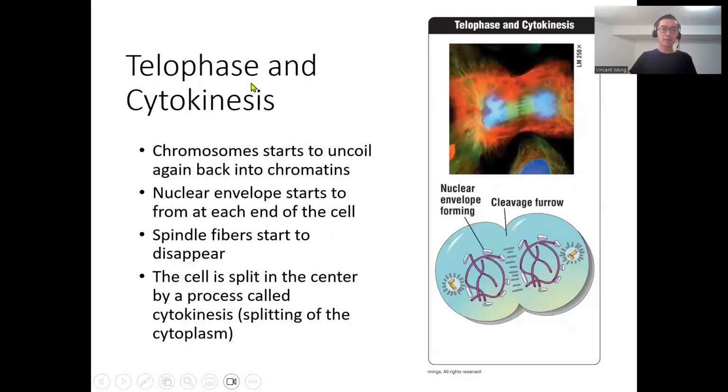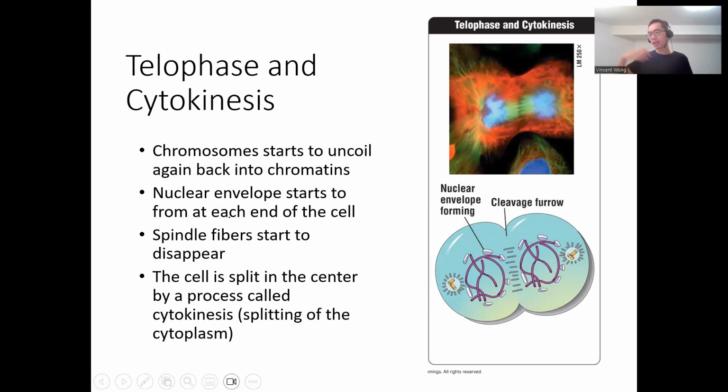And finally, we have telophase and something called cytokinesis. Telophase is basically the complete opposite of prophase. The chromosomes will uncoil now back into chromatin. You have to reform the nuclear envelope so that you get your nucleus once again. We no longer need the spindle fibers.